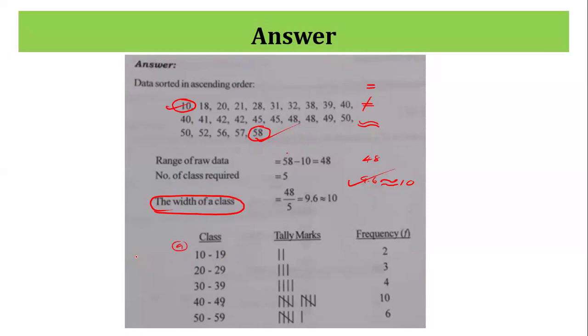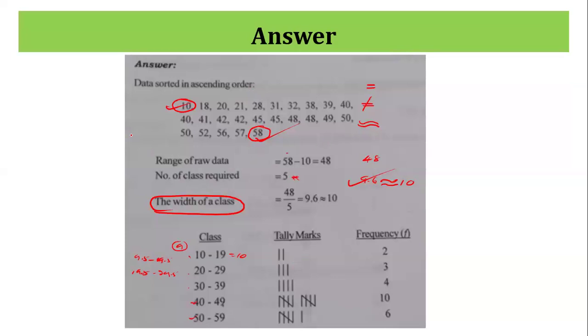The reason is the boundaries: 9.5 to 19.5, then 19.5 to 29.5. So the class width is 10. There are 5 classes: 1, 2, 3, 4, 5.